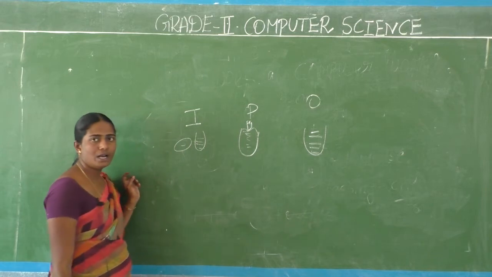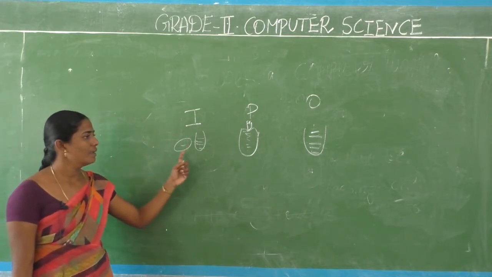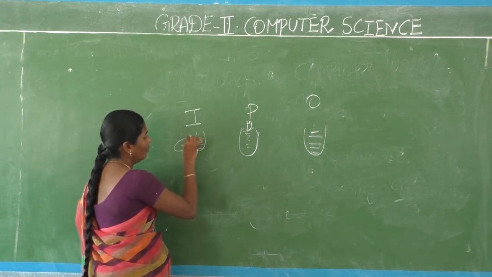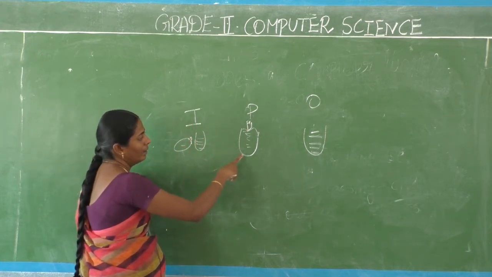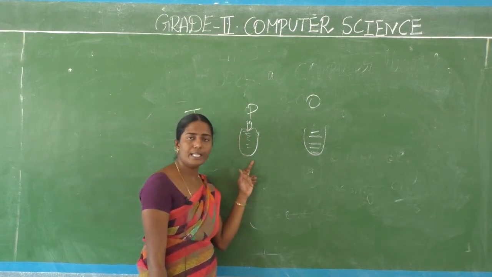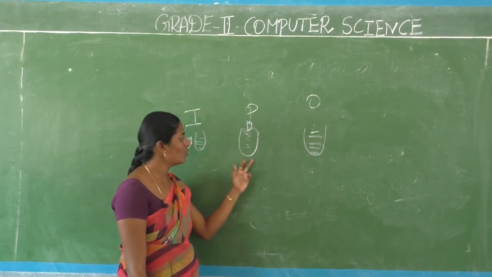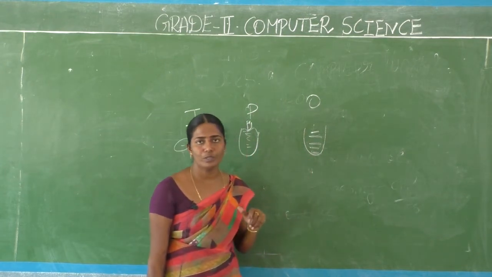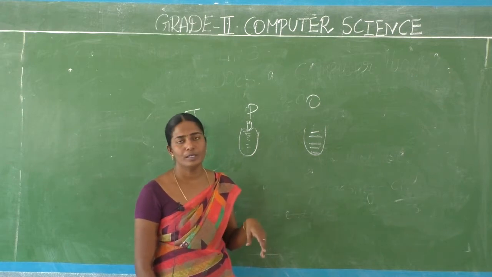It is called the output. Mango and milk are input, the mixie is processing, and the juice is called the output.